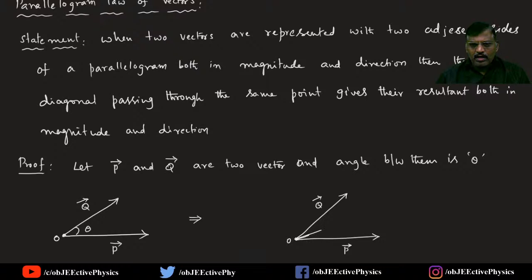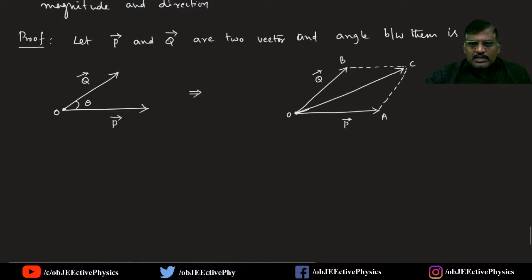If we draw the diagonal of the parallelogram passing through the same point, P bar is taken as OA and Q bar is taken as OB, then it is C. First of all, complete the parallelogram. OABC is a parallelogram. Now the diagonal passing through the same point is OC bar.